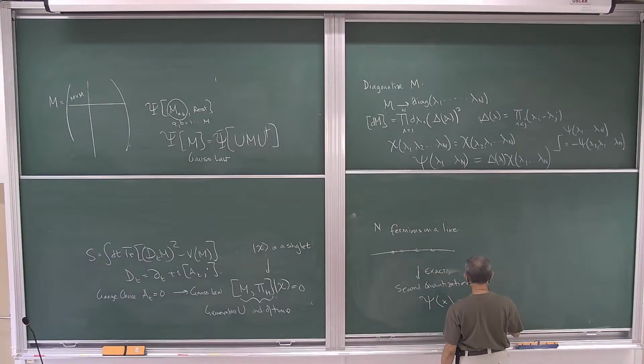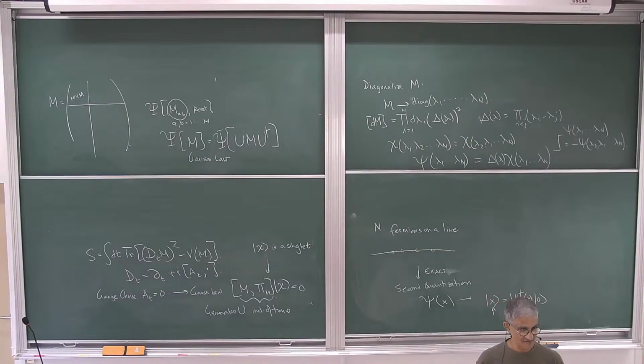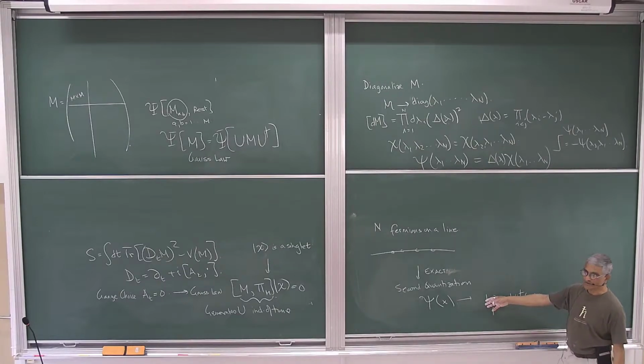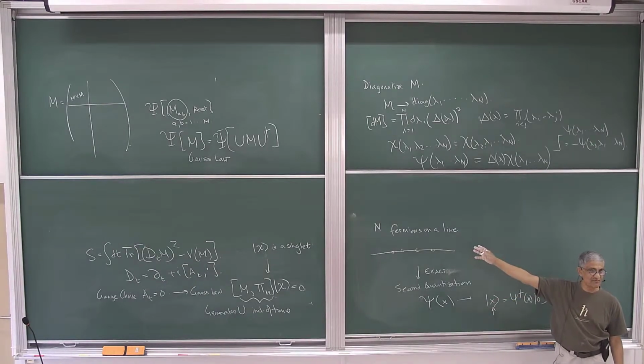A single particle state of these fermions would be psi dagger of x acting on the Fock vacuum, and an n particle state is automatically described if you take this to have anti-commutation relations. The thing I wanted to emphasize is that this is no approximation. It is an exact rewriting of a many-body wave function in terms of second quantization.